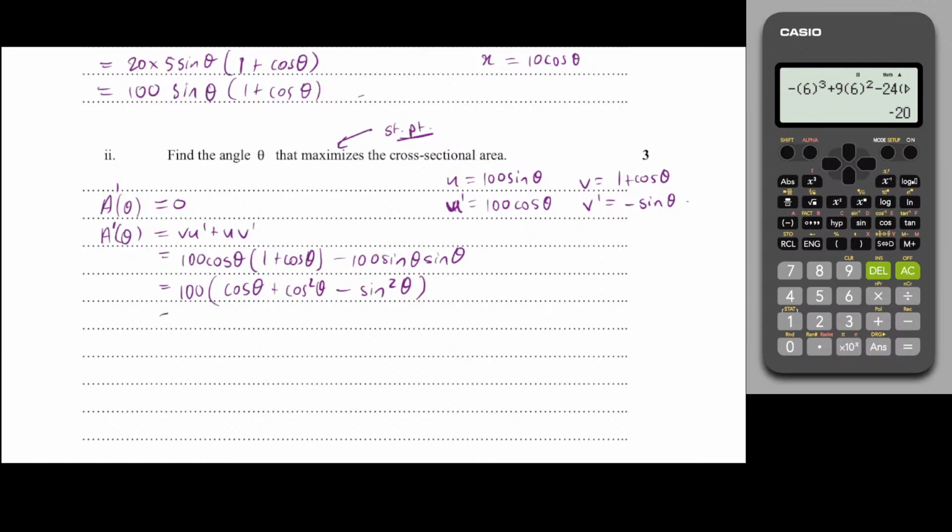Now, I don't like having sines and cosines squared thetas when there's not a plus with them. So I might change sine squared theta. Sine squared theta plus cos squared theta is equal to 1, so sine squared theta is equal to 1 minus cos squared theta.